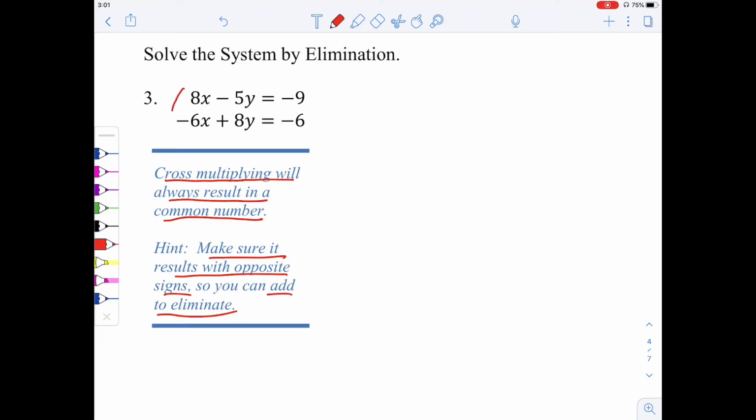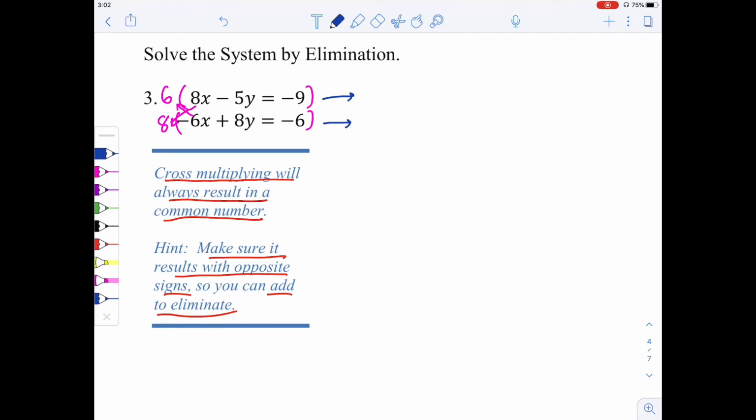Okay, so if we want to cancel the x's, we're going to cross multiply. It's going to take the top equation, and we multiply top by 6, bottom by 8. And when we do that, they're always going to work out.